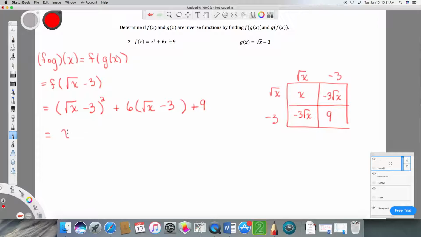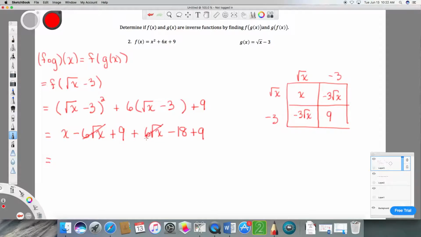So we get... and I should make a comment that the absolute values here are not needed, because I wouldn't be able to take the square root of a negative number, so I know that x has to be greater than or equal to 0, so absolute values are not needed on that.